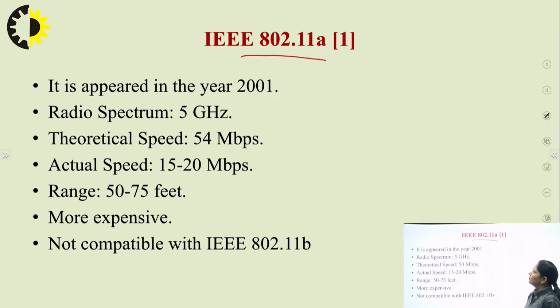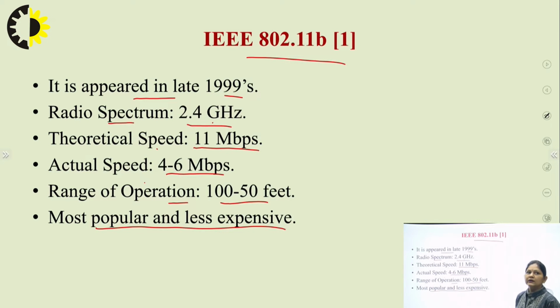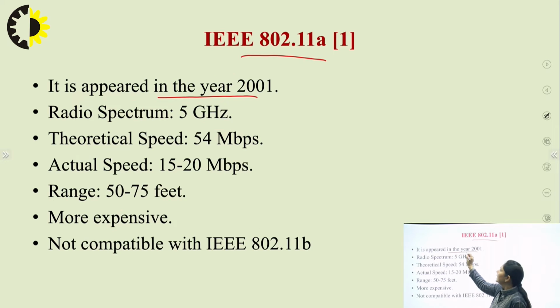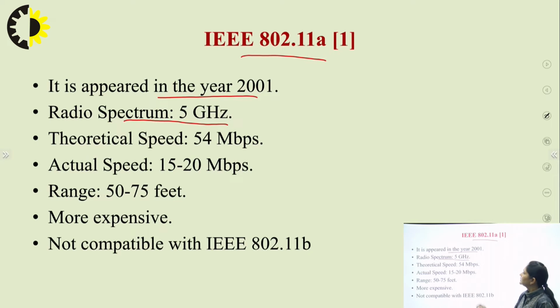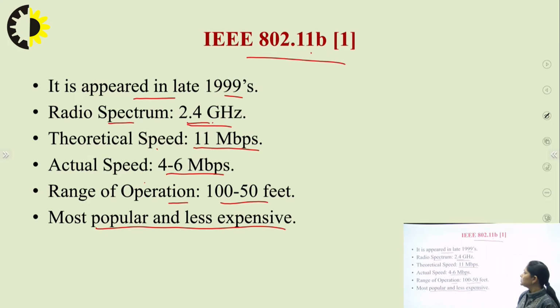IEEE 802.11a started in the year 2001. The earlier one started in 1999 and this started in 2001. This is using the radio spectrum 5 gigahertz, whereas 802.11b was using 2.4 gigahertz. Its theoretical speed is 54 Mbps. The speed increased to a very high value.